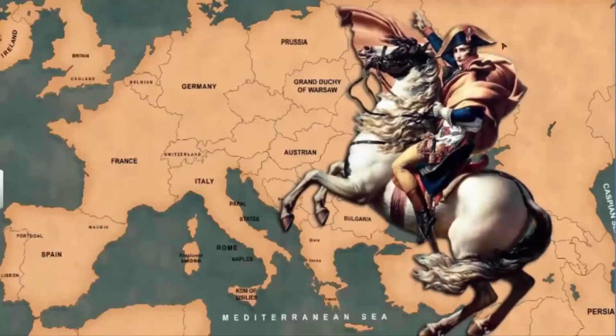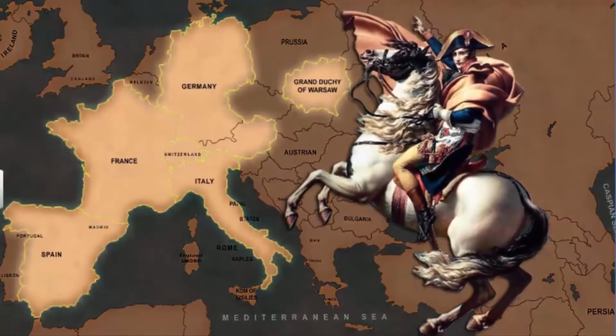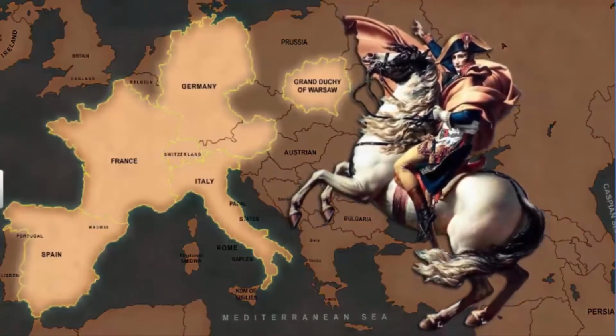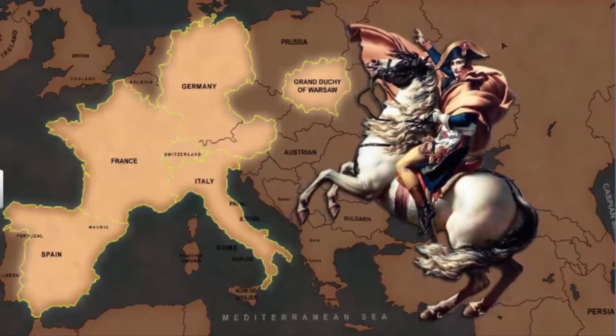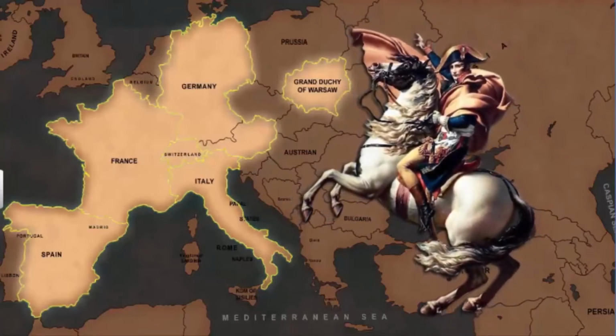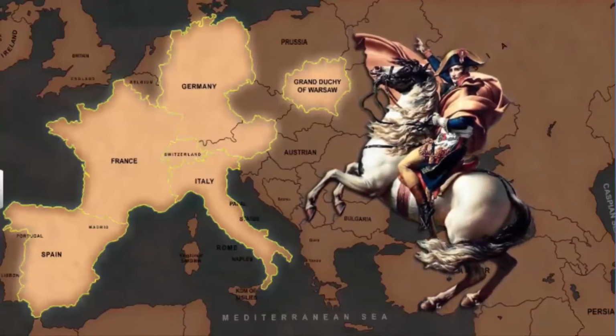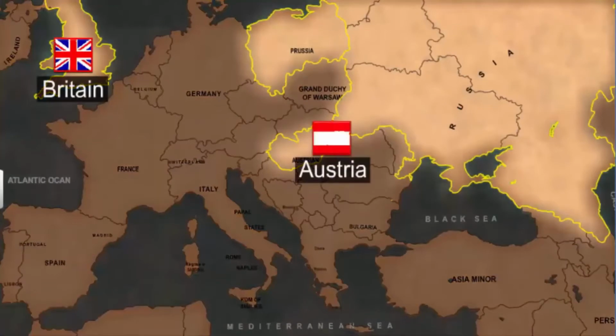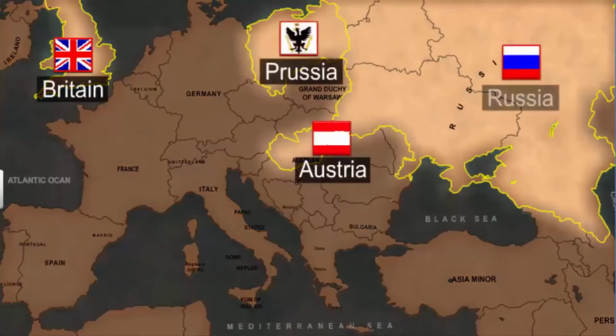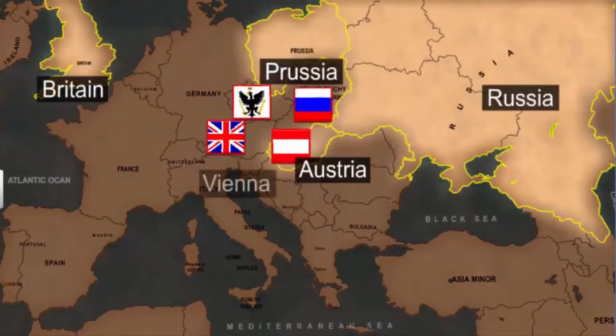During his conquests, Napoleon had annexed several kingdoms and made them a part of France. In 1815, after the defeat of Napoleon, the representatives of European powers, namely Austria, Britain, Prussia, and Russia, met at Vienna.